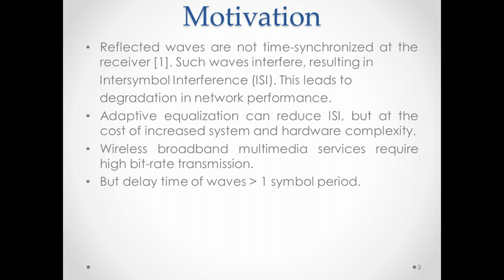Wireless broadband multimedia services require high bit rate of transmission, usually to the order of several megabits per second. However, the delay time of the waves in multipath reception is usually greater than one symbol time or one symbol period.